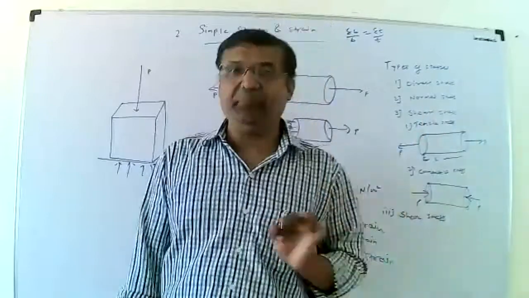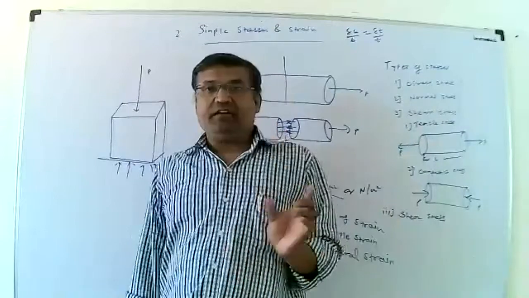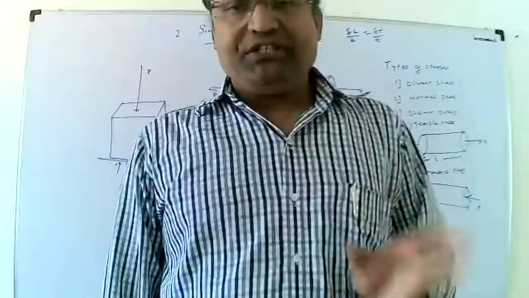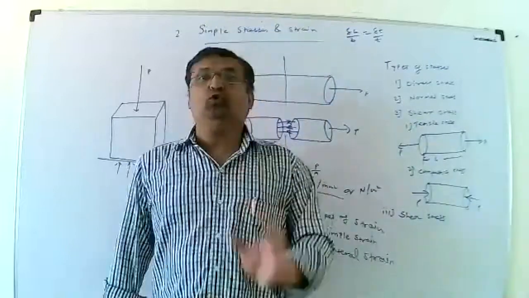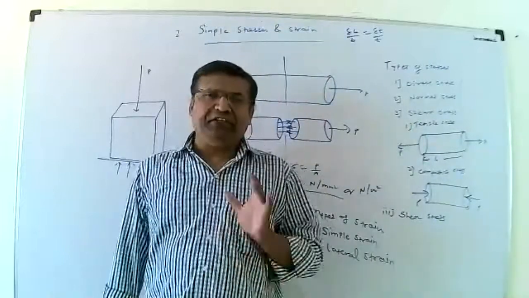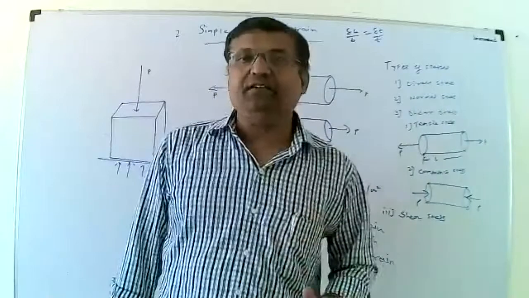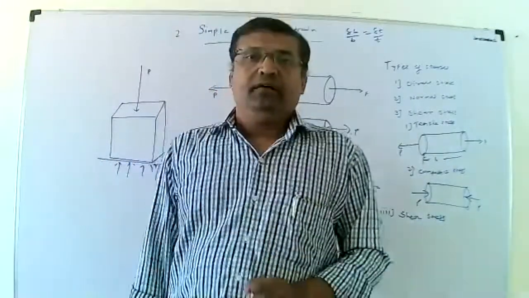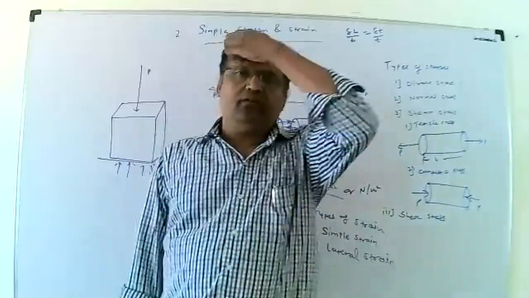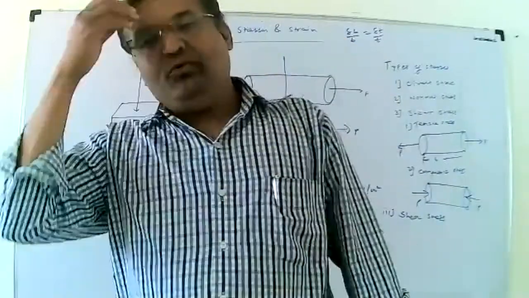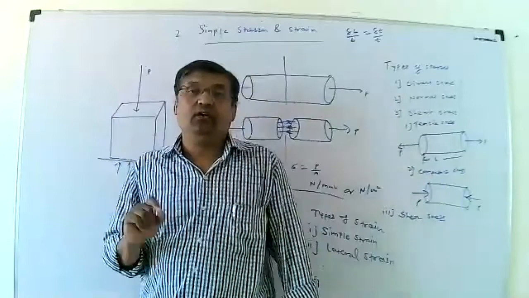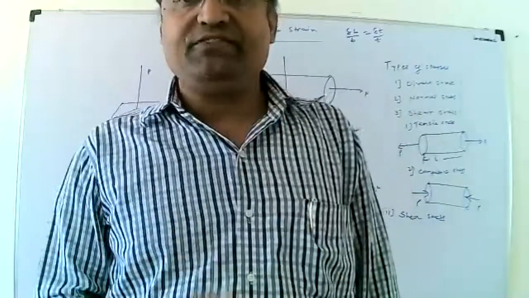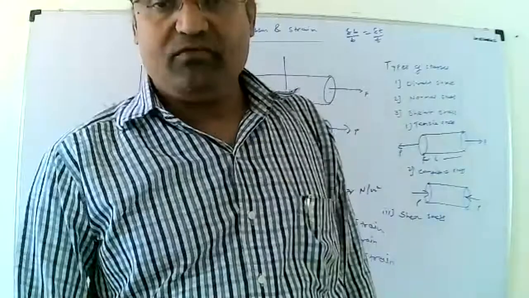The original dimensions are T and V. Lateral strain is the ratio of change in lateral dimension to the original dimension. Then delta B upon B is equal to delta T upon T. That is the case for a cube.